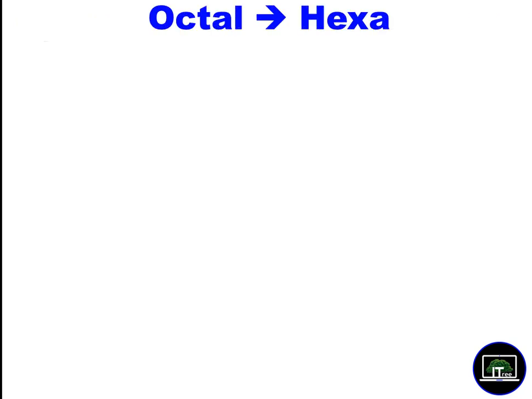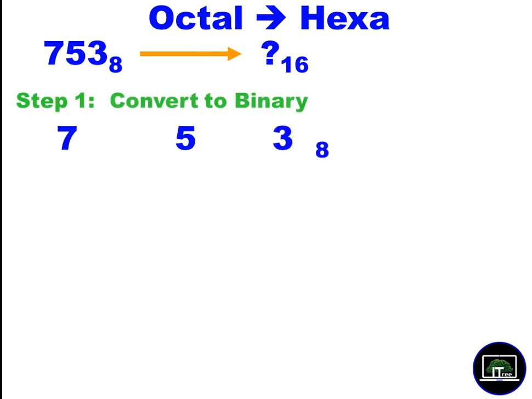That's the method we are going to discuss here. First, we take this number, 753, from octal to hexadecimal. It's very simple. Step number 1, convert this one to binary. 753: 7 is 1 1 1, 5 is 1 0 1, 3 is 0 1 1.